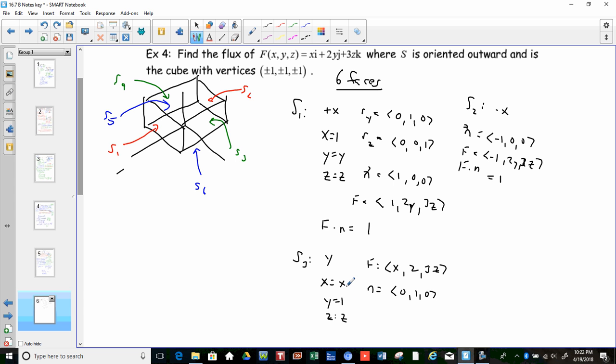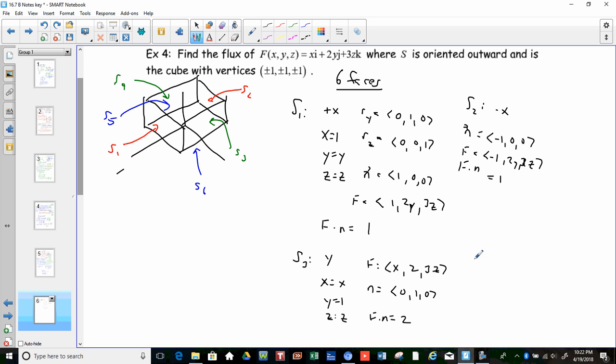If you take the partial with respect to z, it's going to be 0, 0, 1. So basically the only thing that's going to have a value is this middle one. You can go ahead and double check that. I'm not going to waste the time on doing the partials and everything here on this last video. So we've got f dot n, which is now going to give me 0 plus 2 plus 0. So f dot n is 2.